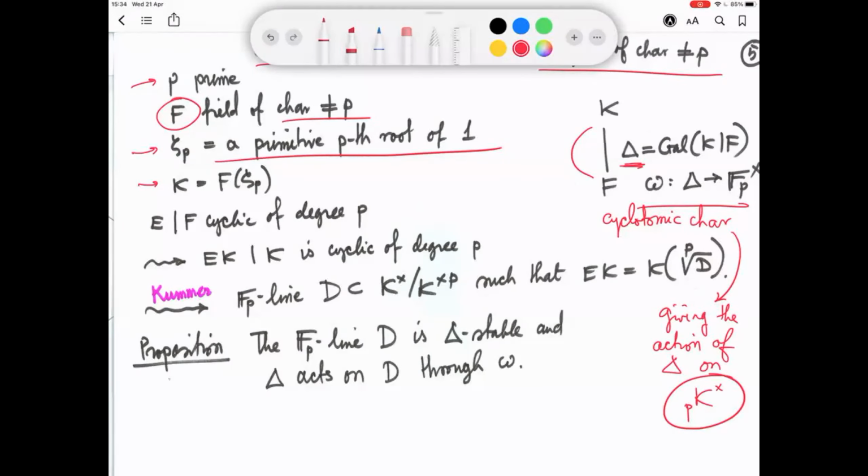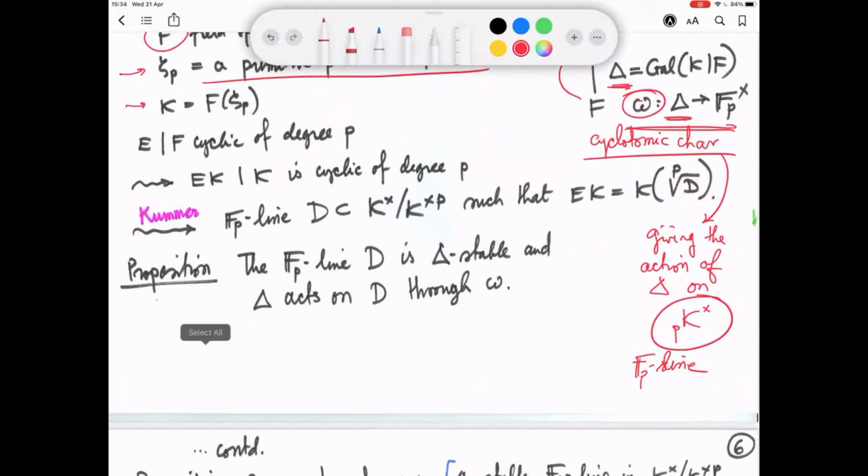All the others are primitive because p is prime. So this is an F_p space, or rather an F_p line, an F_p space of dimension 1. So any group which acts on this F_p line has to act through some character, and delta acts on it, and I'm calling omega the corresponding character, and it's called the cyclotomic character. These are things which we have already seen a certain number of times.